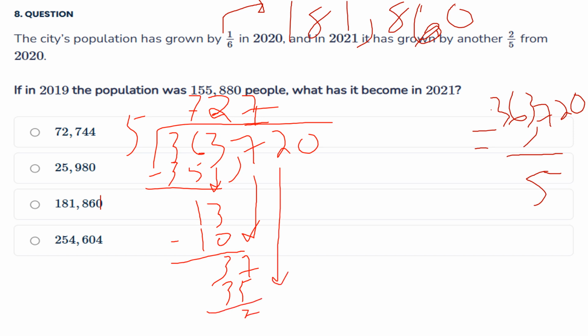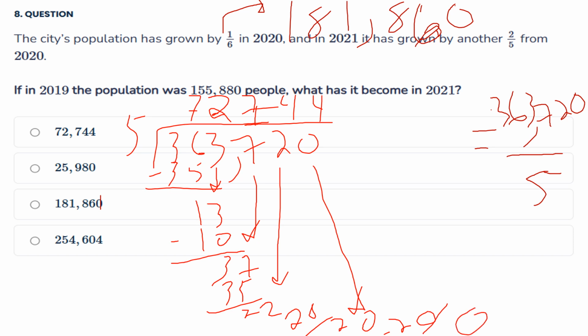You drop the 2. 5 can go into 24 4 times. That gives us 20. We bring that 0 down. And 5 can go into 20 4 times. And that gives us 20. Excuse me. 20 minus 20 gives us 0. Sorry, I ran out of space.